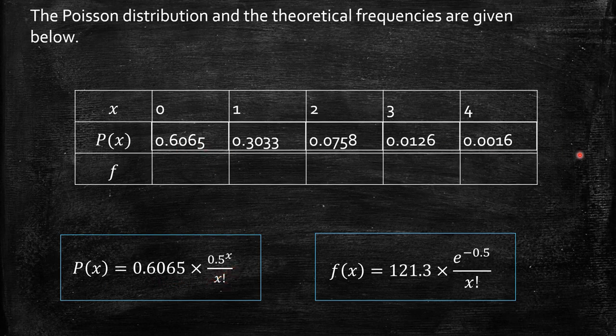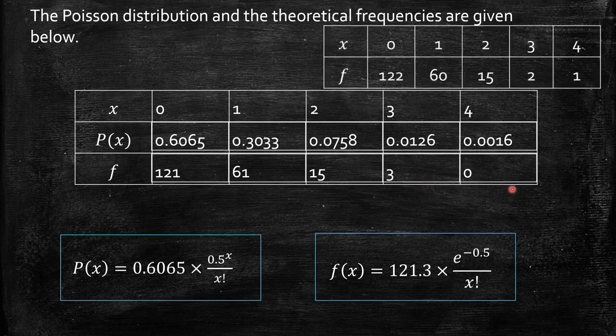Once you find this, you multiply it with 200 to get the theoretical frequencies. Or else directly you can use this formula. Substitute x here, and the answer turns out to be 121, 61, 15, 3, 0. Now the given observed data is here. If you observe, the theoretical frequencies are very close to the observed frequencies.